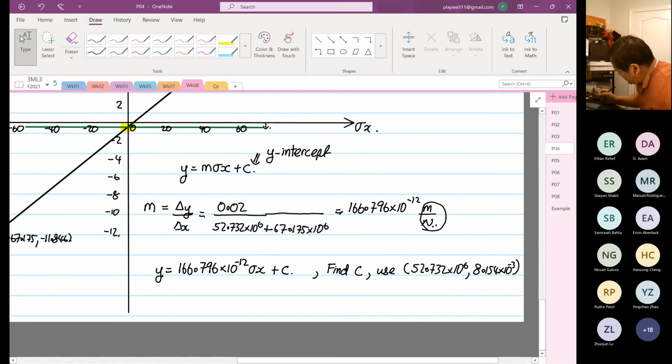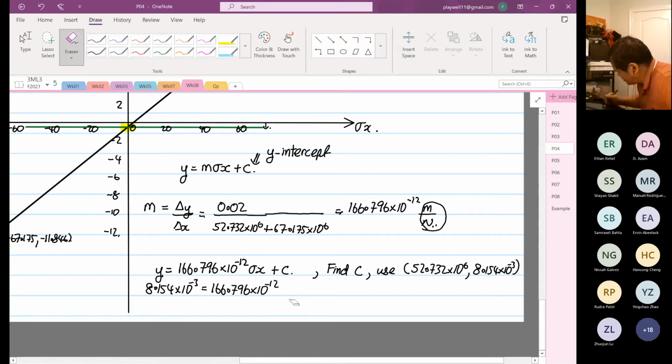So therefore y is 8.154 times 10 to the power minus 3. So this is equal to 166.796 times 10 to the power minus 12 times stress x.